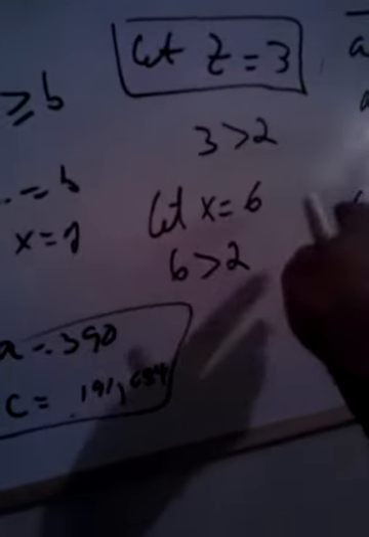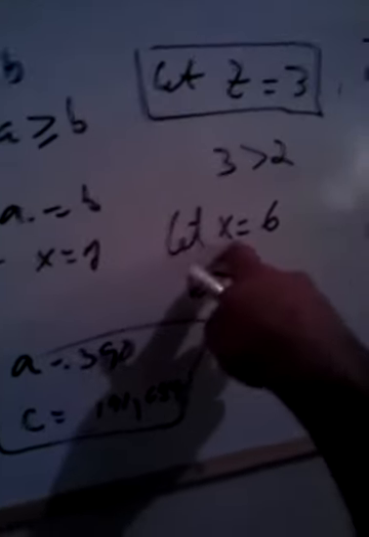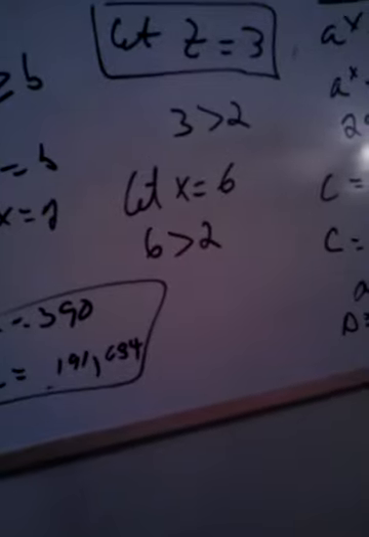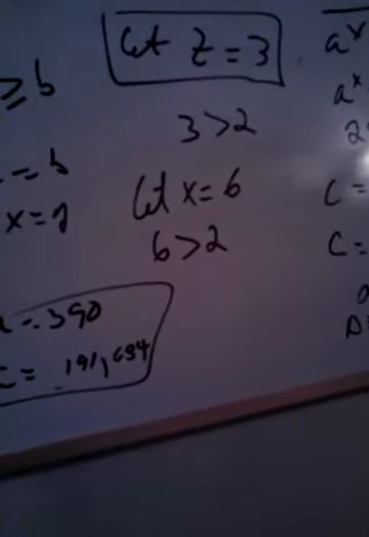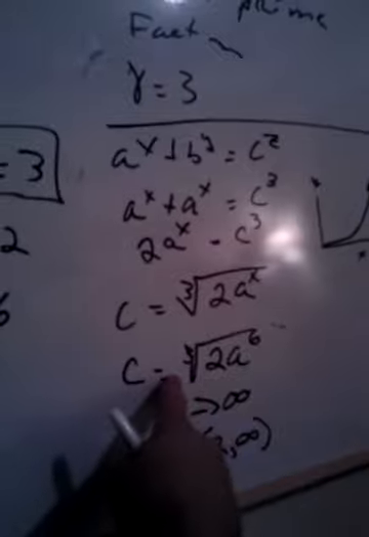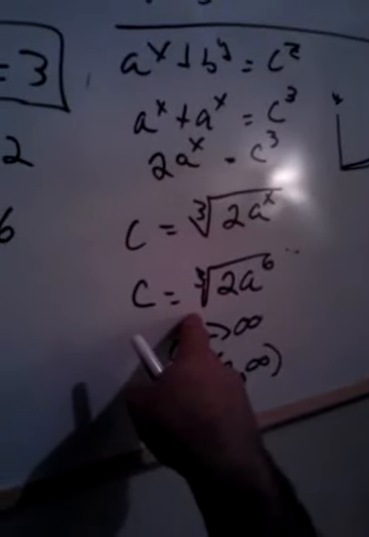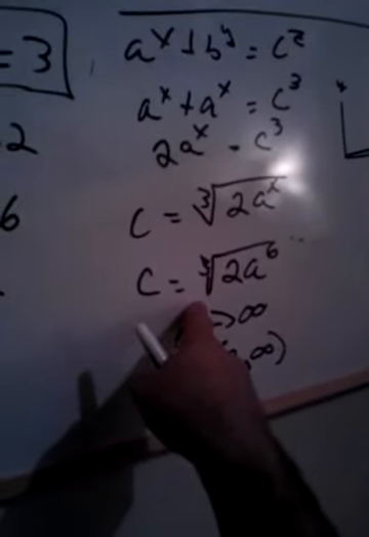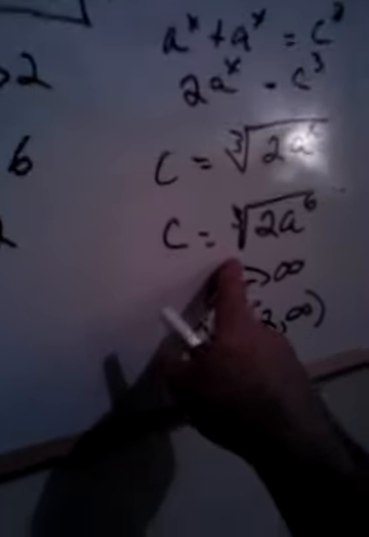I let Z equal 3, which is greater than 2 and has a prime factor of 3. Then I let X equal 6, which is greater than 2 and has a prime factor of 3. I made the replacements in the original problem, and that reduced to C equals the cube root of the quantity 2A raised to the 6th.